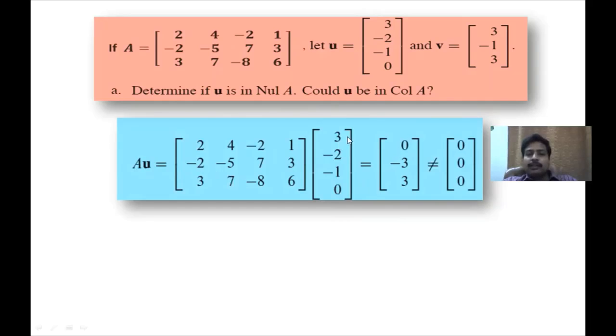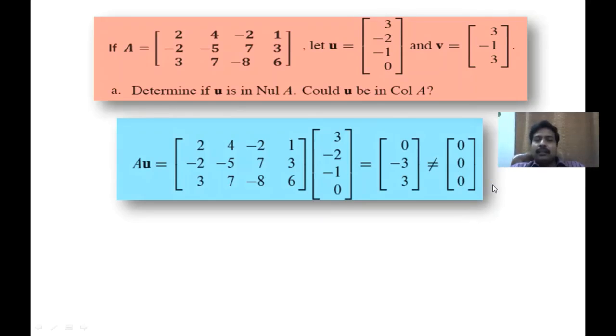Similarly, multiplication of the second row with this column will give you minus 3. Multiplication of the third row with this column matrix, you will get 3. This is clearly not a null matrix. This is not a 0, 0, 0. So it is not in null space A.